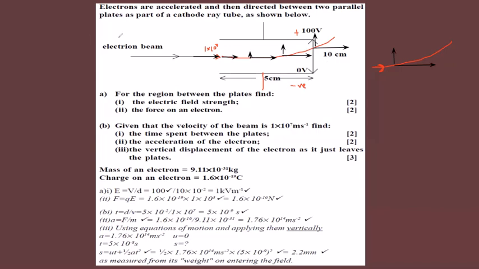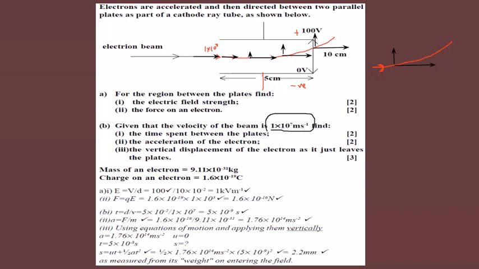This is the theory of this CRT cathode ray tube. Now in the question, given that the velocity of the beam is 1 exponent 7 meter per second, find the time spent between the plates, like how much time it will take to cover this 5 centimeter.